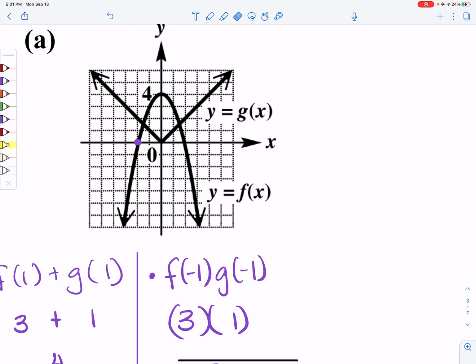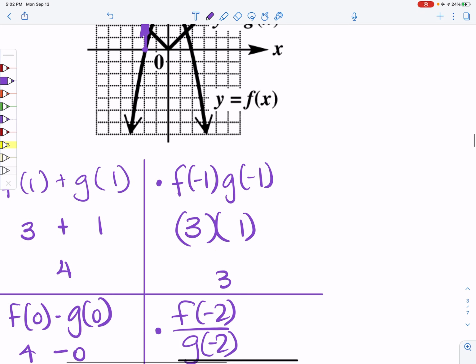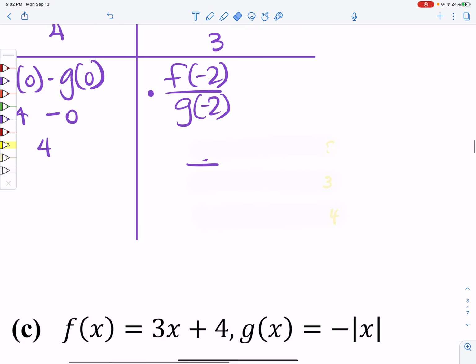So once again, if we find our g value, here's the -2 x value, g is right here. And so that value is going to be a 2. So the y value on the g function is 2. 0 divided by 2 is 0.